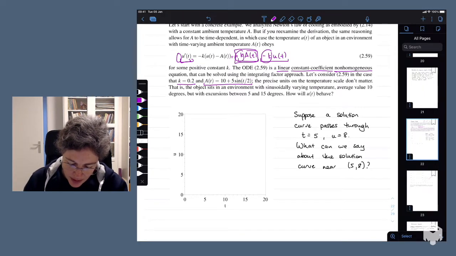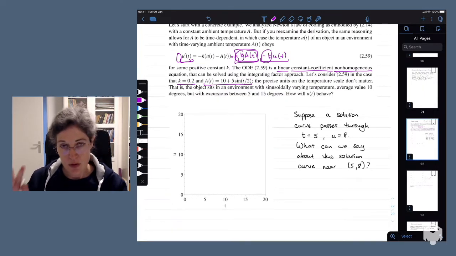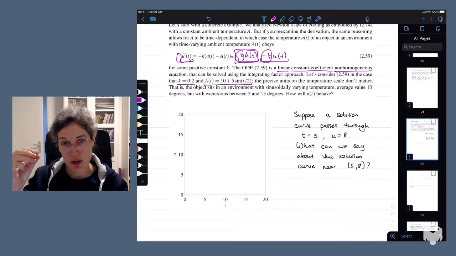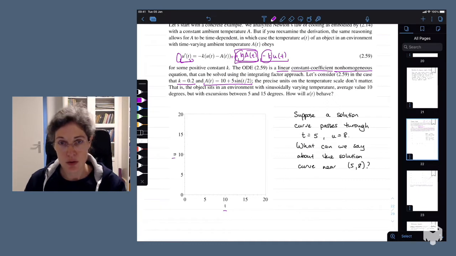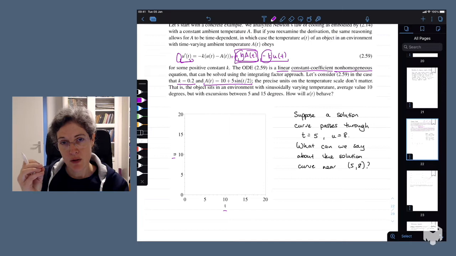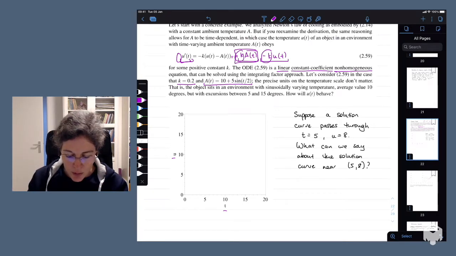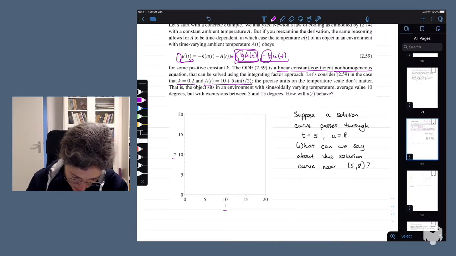If we were plotting a solution, trying to find a function u which satisfies this differential equation, we would plot it on a t-u graph like this. We can actually build up an idea of what these solutions would look like without solving. For example, suppose we have a solution that passes through the point t is 5, u is 8. So we're going through this point, 5, 8.